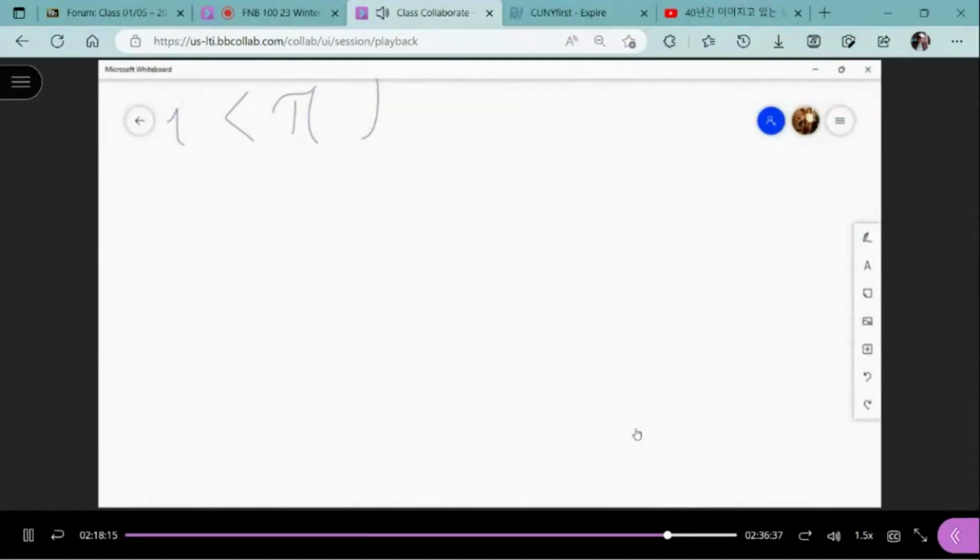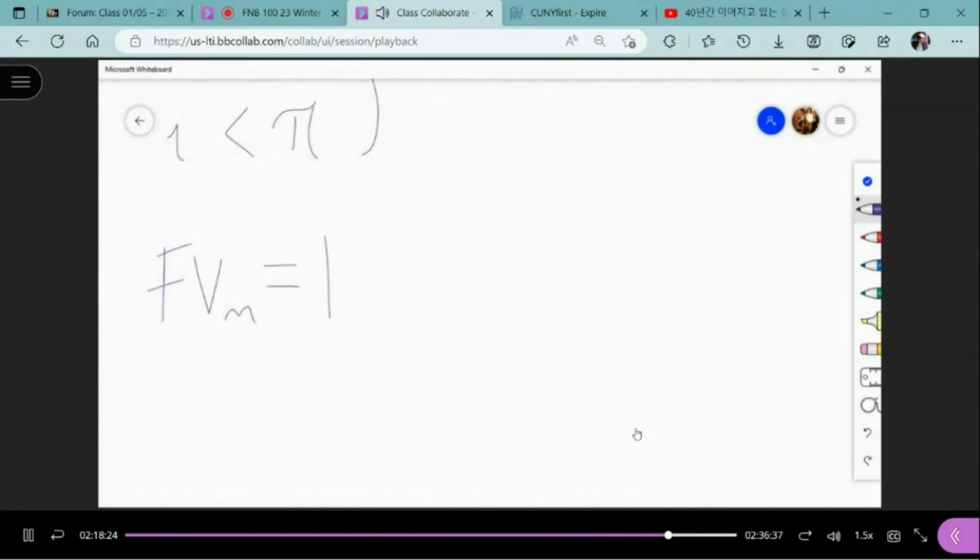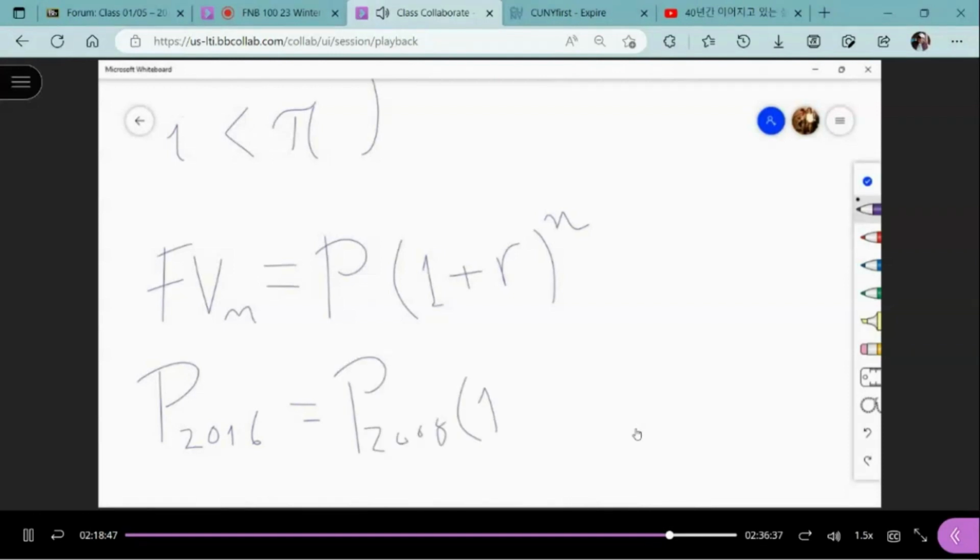So it's basically this. Future value at time n is the principal times 1 plus r raised to n. What is this? Wasn't it like the price of the house in 2016, which is the price of the house in 2005 times 1 plus the average annualized growth rate, raised to 11? Remember this?